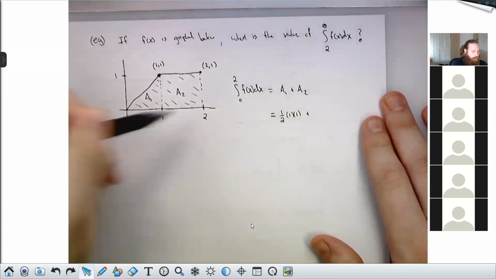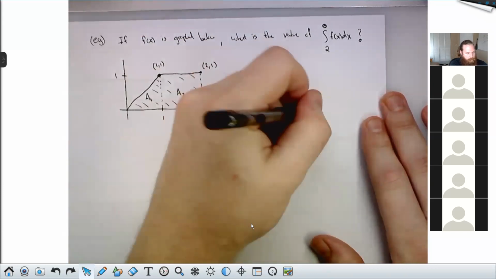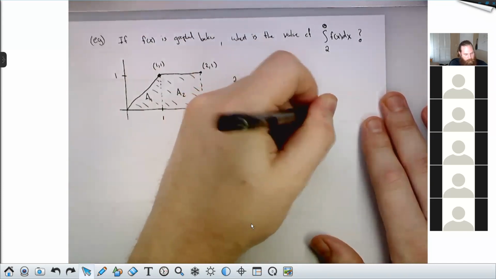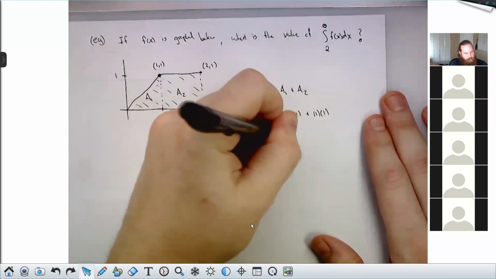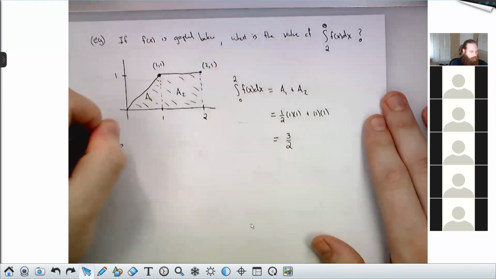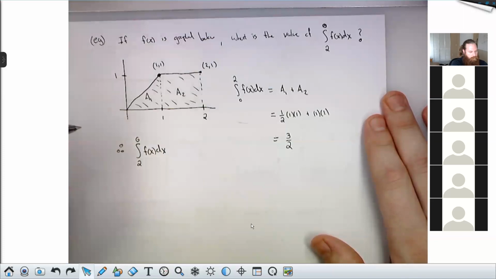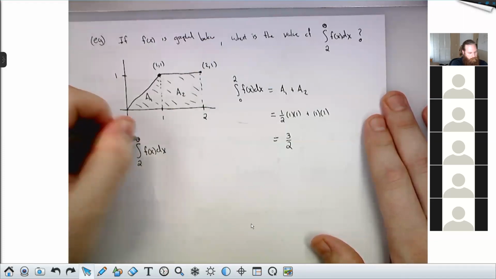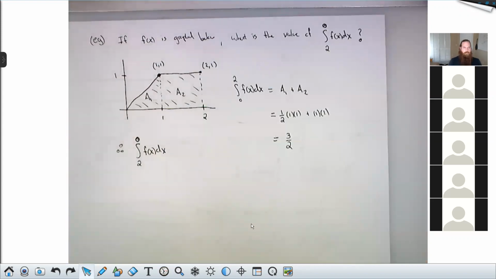1. Good, yeah, this is a rectangle. The width is 1, the height is 1. So this is just 1 times 1. So altogether, this is 1/2 plus 1, which is 3/2. Therefore, what is the integral from 2 to 0 of f of x dx? Think about those properties.